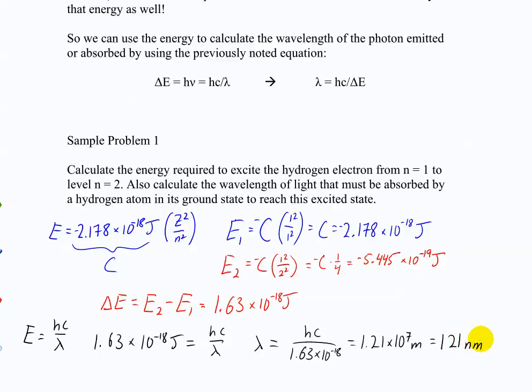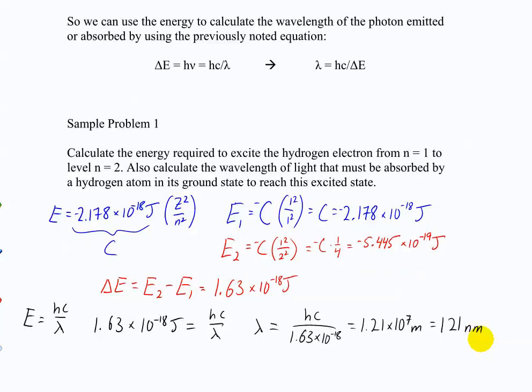So light of 121 nanometers, which is ultraviolet light, will excite an electron from the n equals 1 shell of hydrogen to the n equals 2 shell of hydrogen. Good so far? Maybe? All right, we're going to do this more.